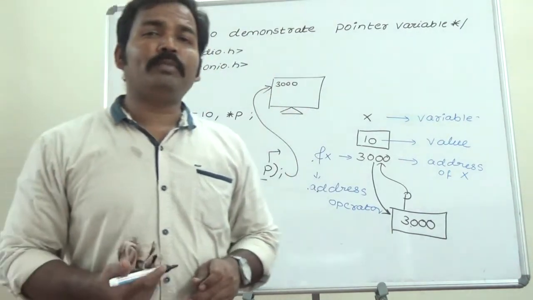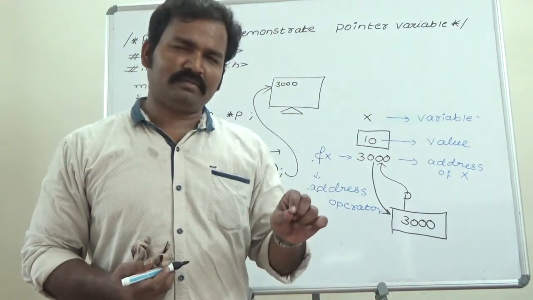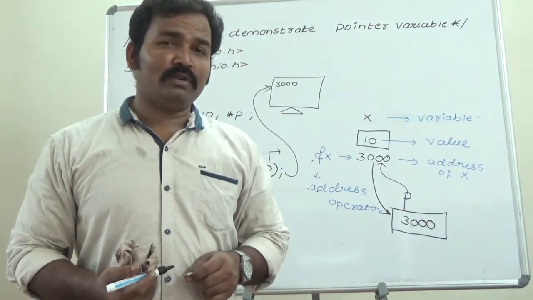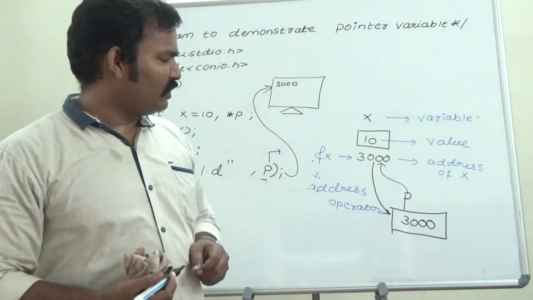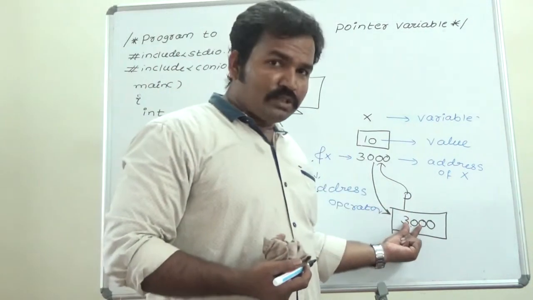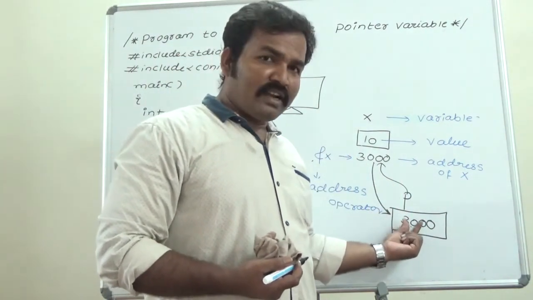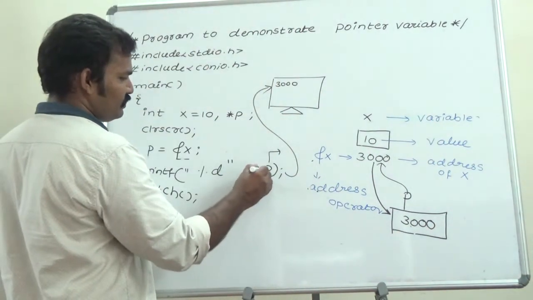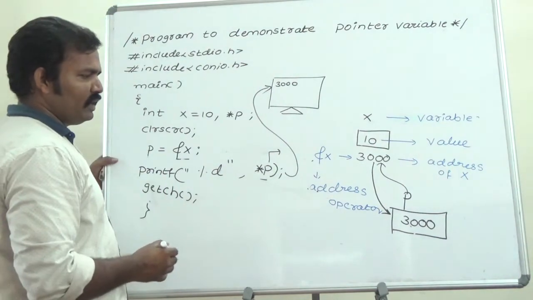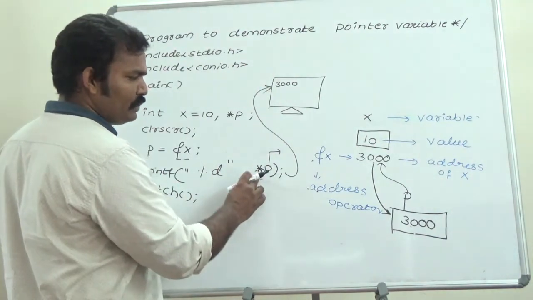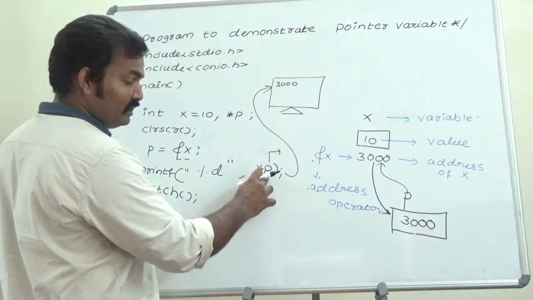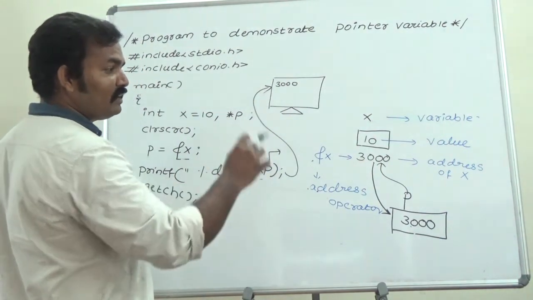Here I don't want to print the address which is stored in pointer variable p. I want to print the value which is stored at that address. So here we have to write like this: star p. Pointing to an address gives the value at that address.